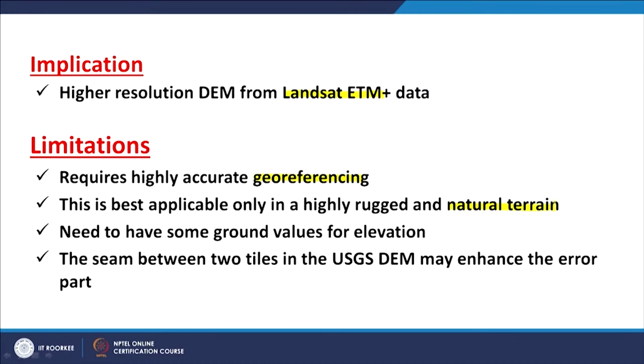These are already available. Now, the other thing is that the seam between two tiles in USGS DM may enhance the error part. That means, as you know, USGS DM was developed using survey topo sheets of different countries. So, sometimes you would find that even for the same country they use two different projections or spheroids, and that has created a seam between two tiles or two topo sheets.